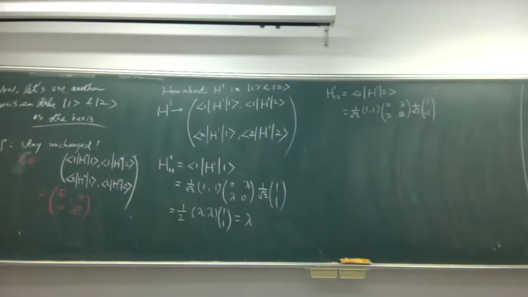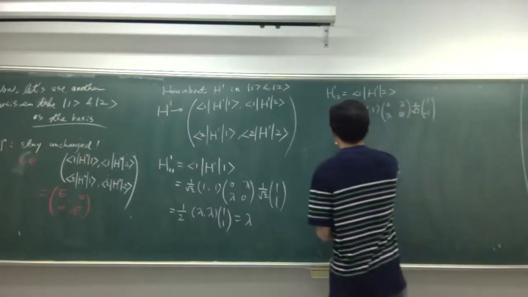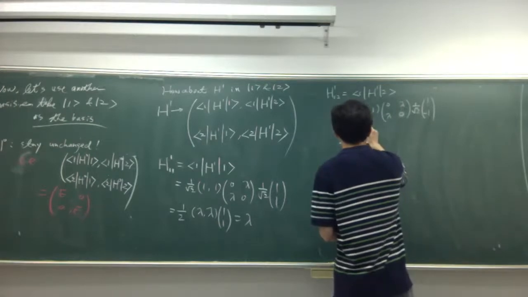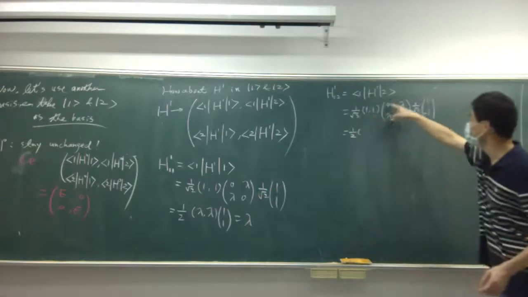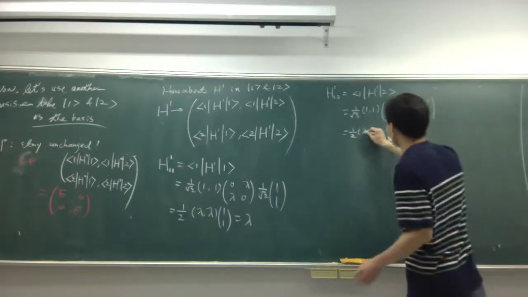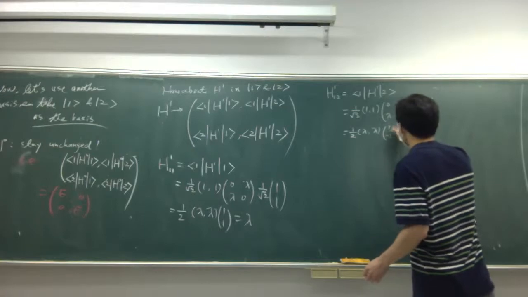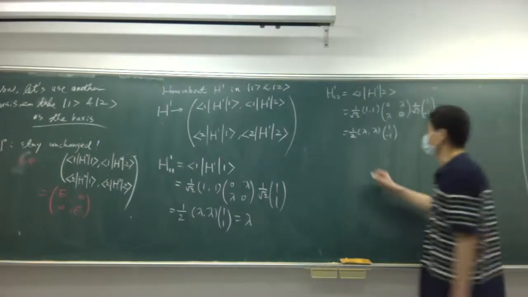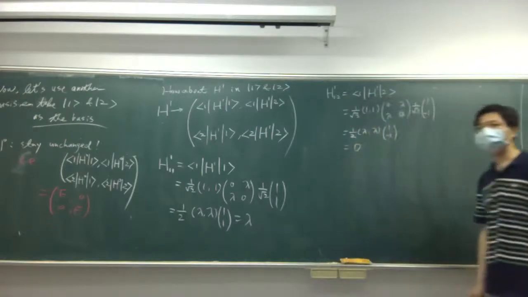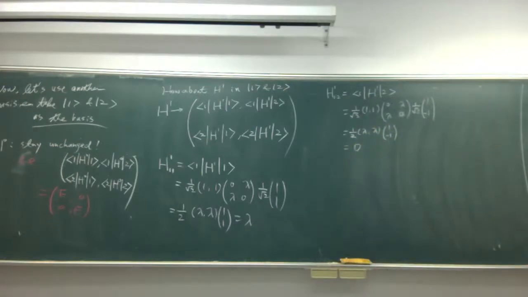Easy, just a matrix operation. It equals 1/2 times (1, 1), so that's lambda, lambda again, but now with 1 minus 1. And this off-diagonal matrix element equals 0. We are happy because it looks like we are diagonalizing this H1.